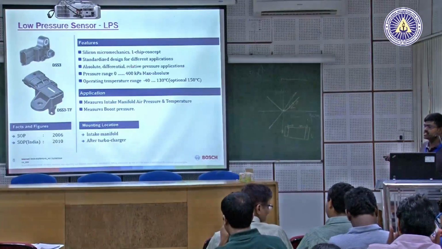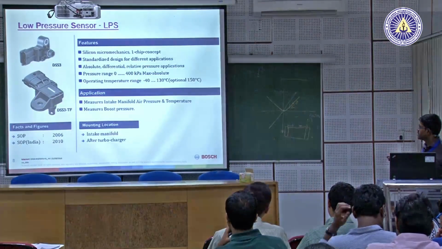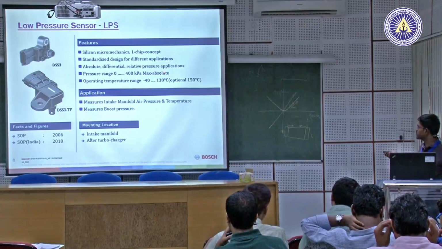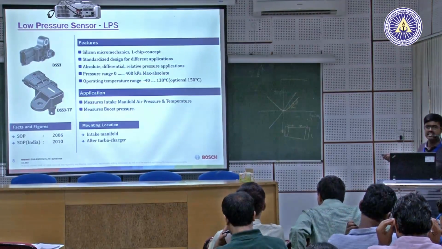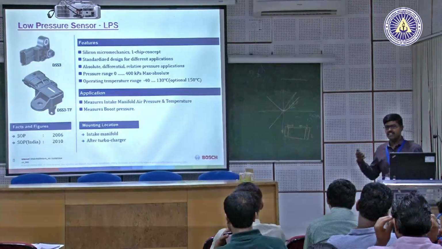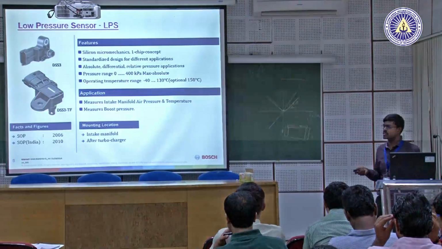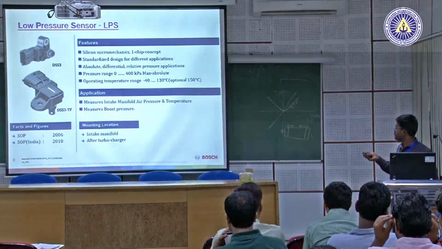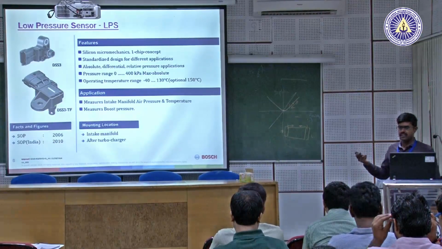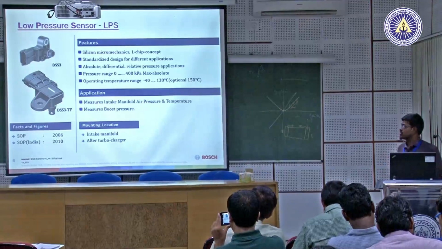The range is 0 to 4 bar, that is 400 kPa, and the operating temperature range for all sensors would normally be -40 to 130 degrees centigrade, with an optional 150 degrees centigrade with different types of coating. For 130 degrees centigrade the terminals would be tin plated, and for 150 degrees centigrade the terminals will be gold plated because of the thermal conductivity of gold.